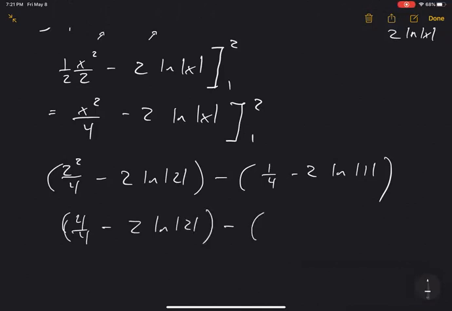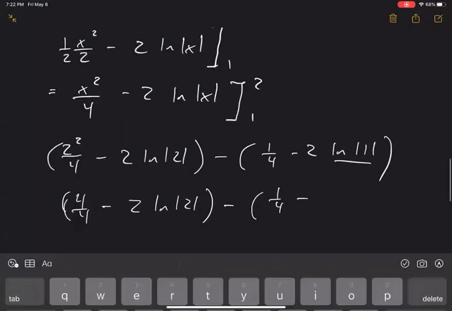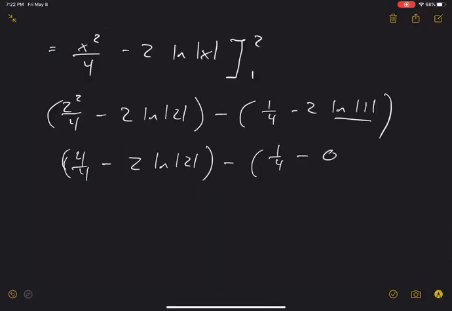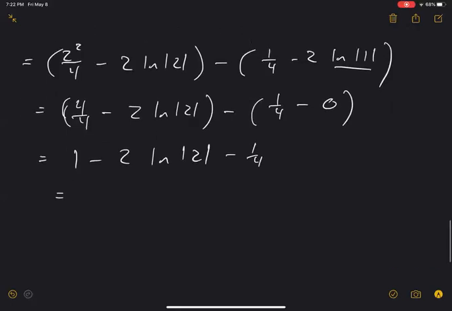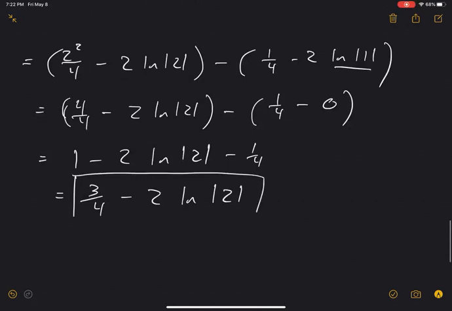Minus 1/4 minus, and then what's ln of 1? Ln of 1 is 0. So I have minus 2 times 0, which is 0. Simplifying, I have 1 minus 2 ln 2 minus 1/4, which equals 3/4 minus 2 ln 2. And that should be my final answer, barring any mistakes on my part.